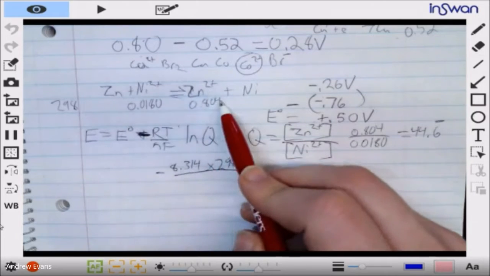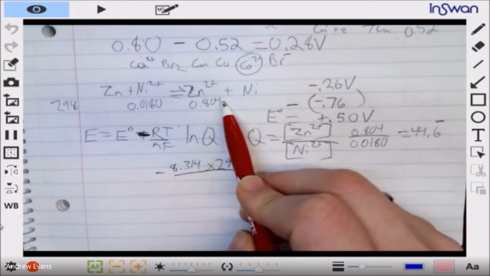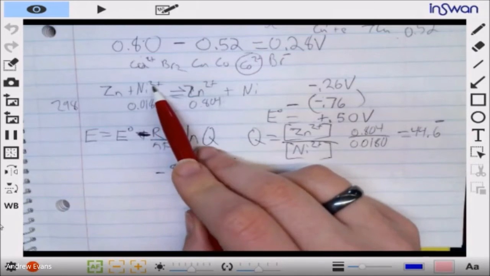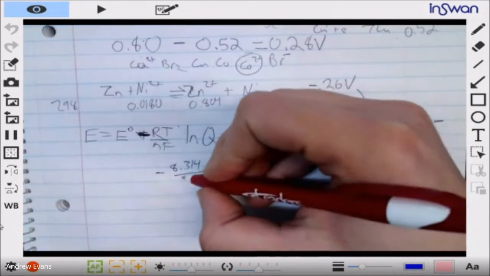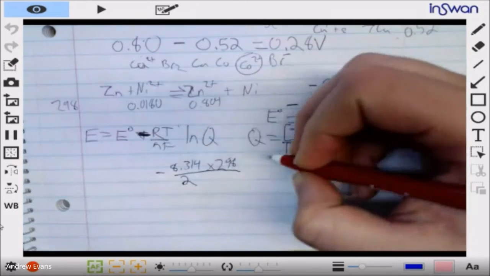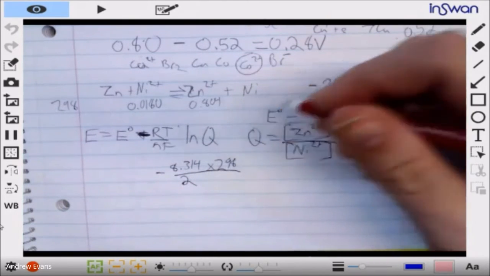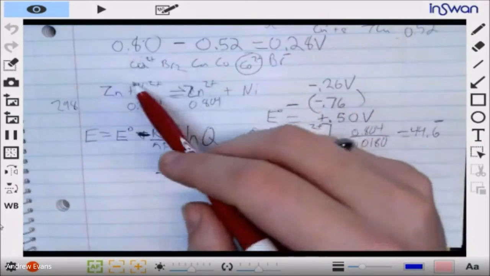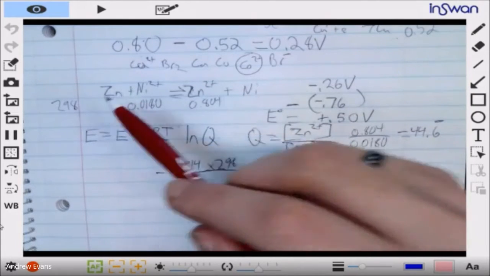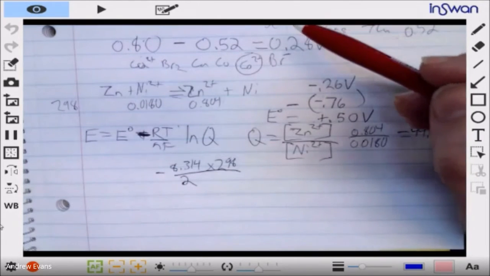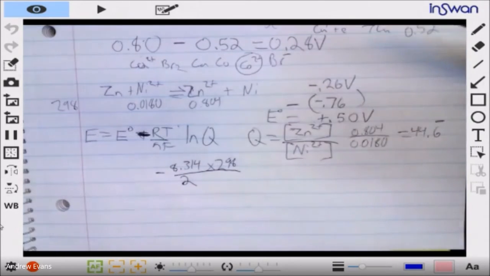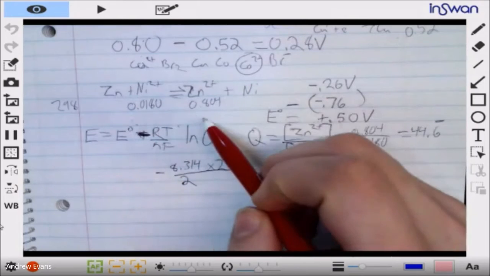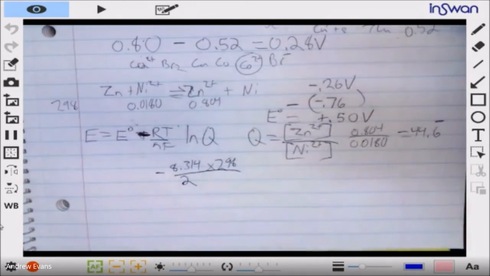Zinc goes to zinc 2 plus, that's 2 electrons. Nickel goes from 2 to 0, it's 2 electrons. The electrons transferred are 2. It's the greatest common factor between the two. If one is 1 and the other is 2, the greatest common factor is 2. If one transfers 3 electrons, the other transfers 2 electrons, the greatest common factor is 6. And the balanced chemical equation will show the number is 6.